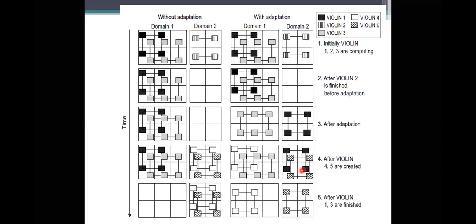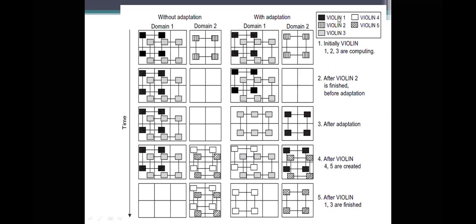Here we have 5 environments. The project name is Violin, named because it takes the virtual cluster environment into account. First, Violin 1, 2 and 3 are computing.